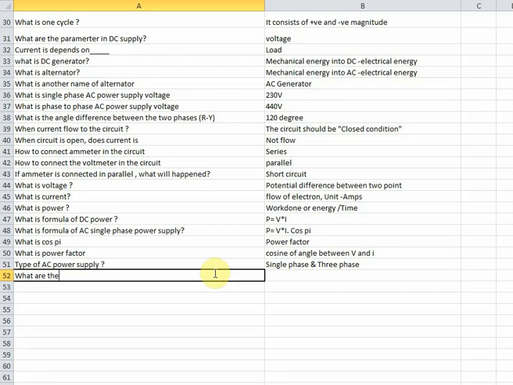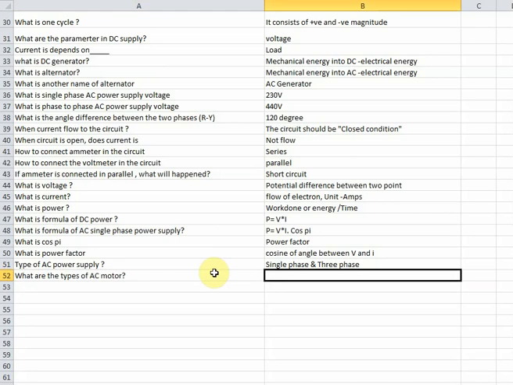What are the types of AC motor? Induction motor and synchronous motor.